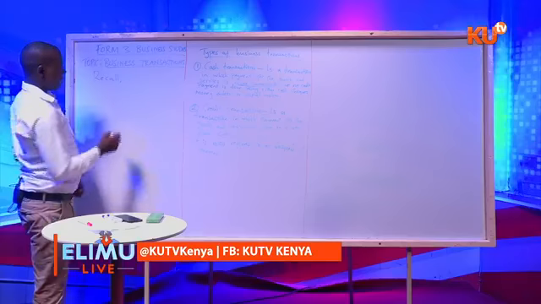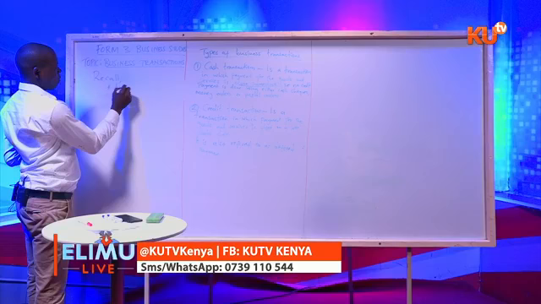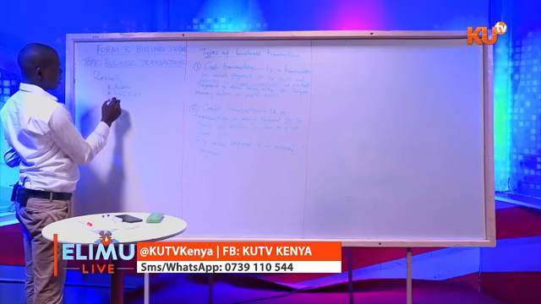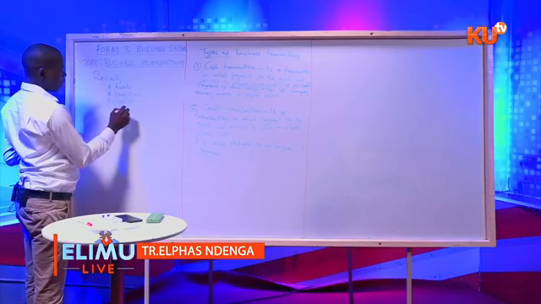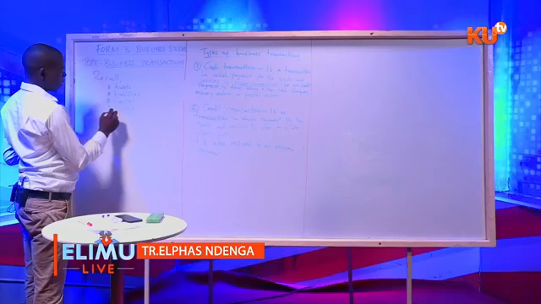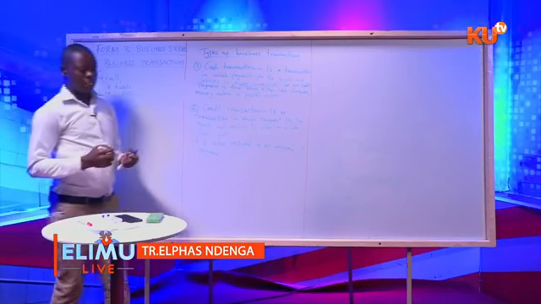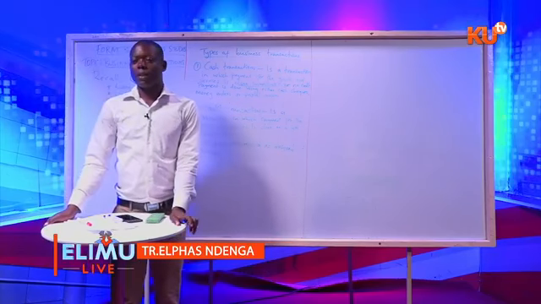Number 1, assets. Number 2, liabilities. Number 3, the concept of capital. Number 4, expenses. And number 5, revenues. These are the 5 terms that we discussed in our previous lesson on the net worth of a business.